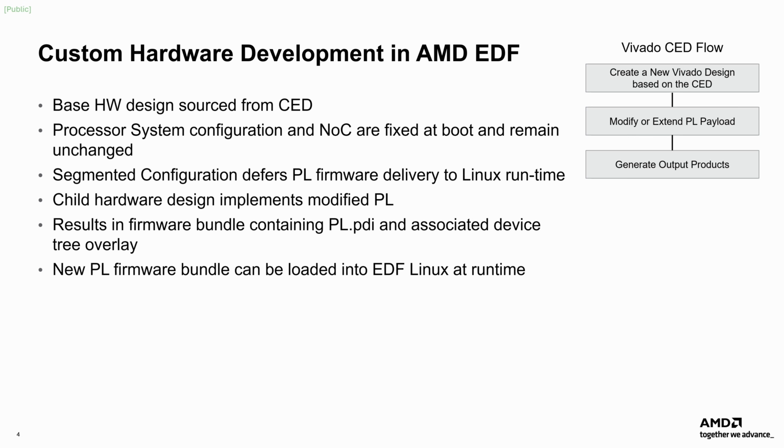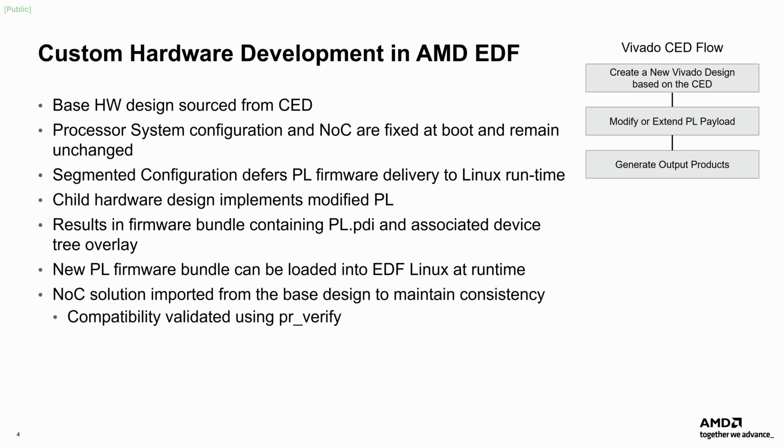Consistency between the base hardware design and the child configuration is maintained by importing the Knox solution from the Golden project and validating compatibility using PR Verify. Once the new updated child hardware design is ready, it is implemented to generate XSA.